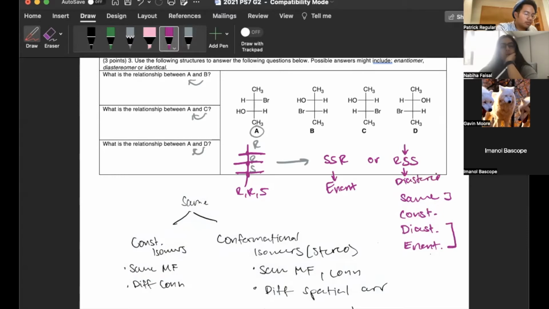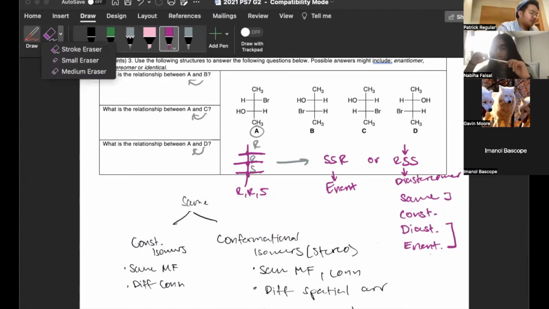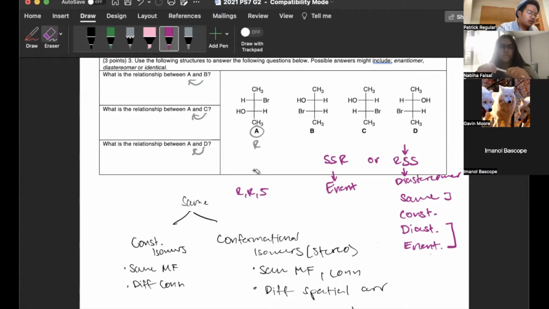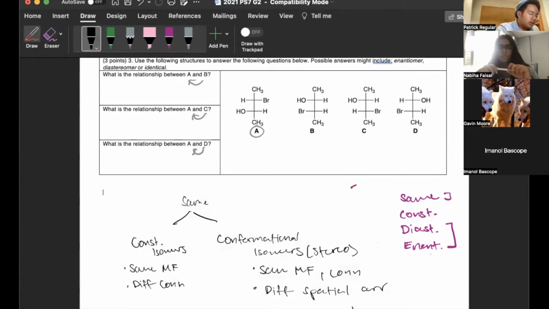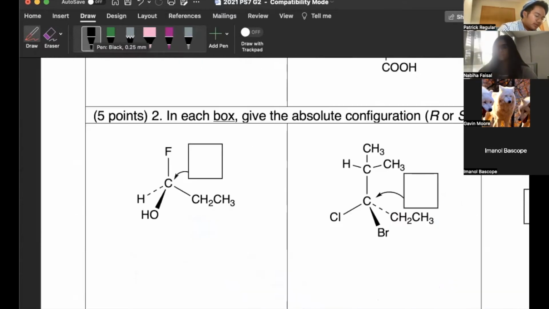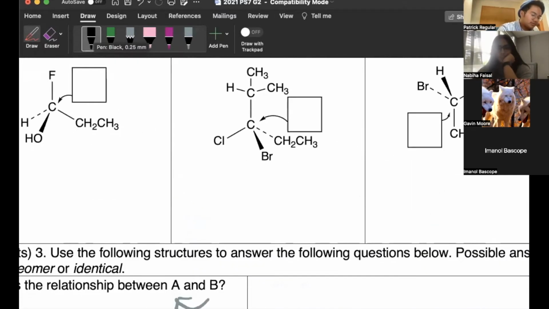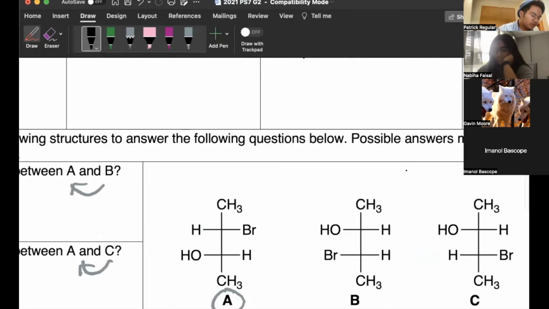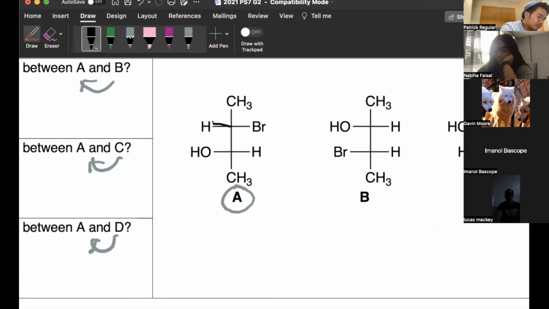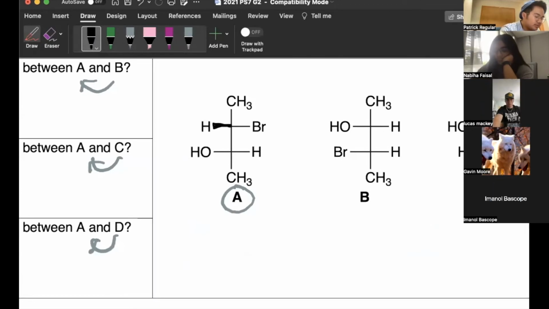So we should basically write out the configuration for everything. That's what I would do. Let's go ahead and just work this out. For this one, this is wedged, this is wedged, and this is dotted.